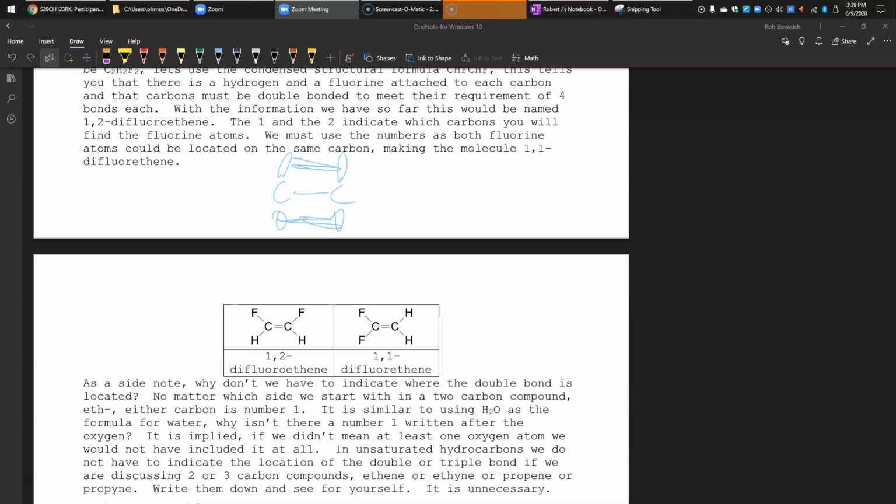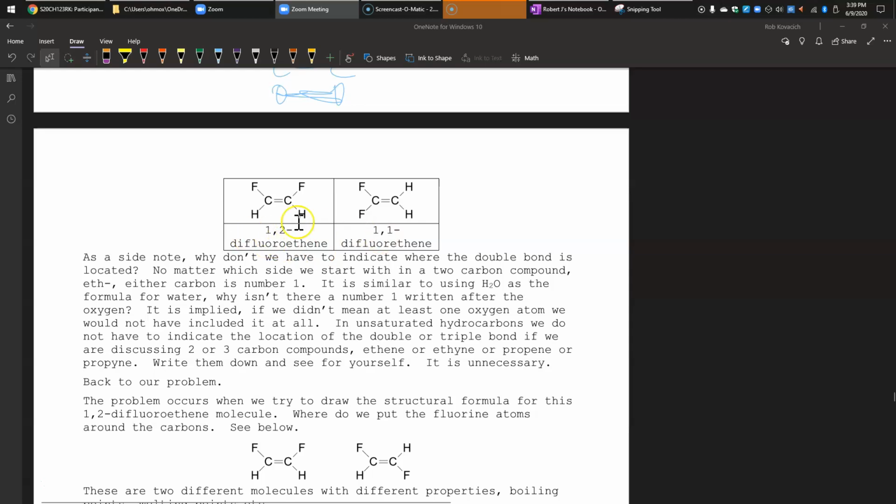There's no flex to this anymore because I've got to be connected on the top and the bottom and in the middle all at the same time. So I can't flip that thing over because it has multiple connections. So these molecules are definitely different molecules. This is 1,2-difluoroethane and this is 1,1-difluoroethane. That's fine. They're not the same molecule because the fluorines are not connected to the same carbons.